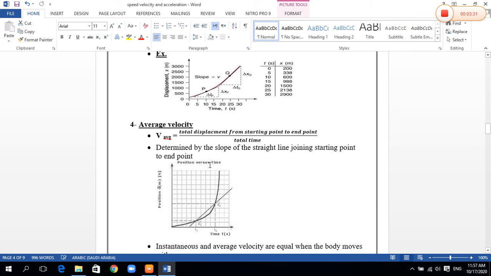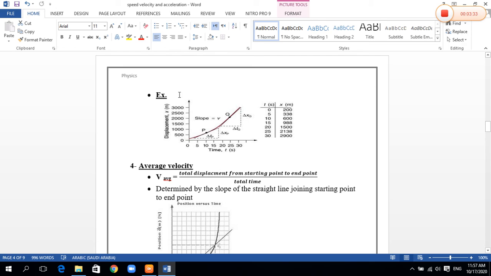For example, we have here a moving body. It appears from the curved line that it moves with non-uniform velocity. If we draw a tangent line at point P, then we calculate the slope.